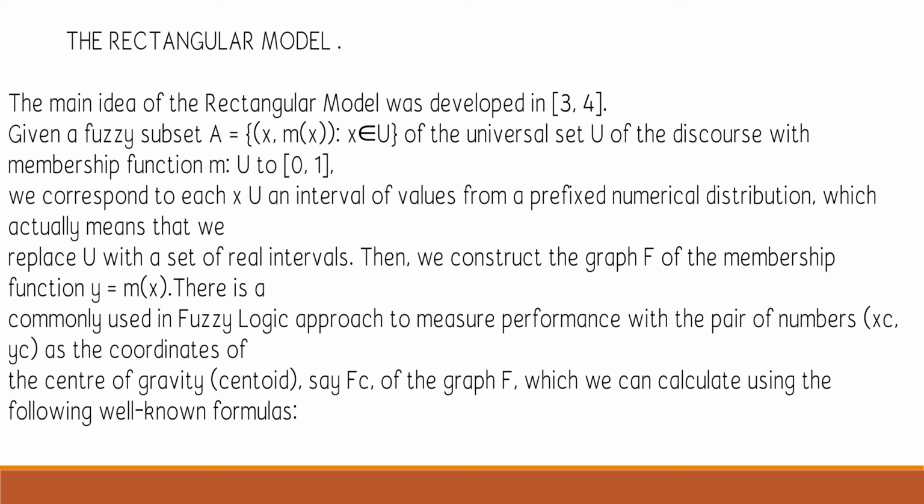There is a commonly used approach in fuzzy logic to measure performance with the pair of numbers (xc, yc), the coordinates of the center of gravity, the centroid, Fc of the graph F, which we can calculate using the following well-known formulas.